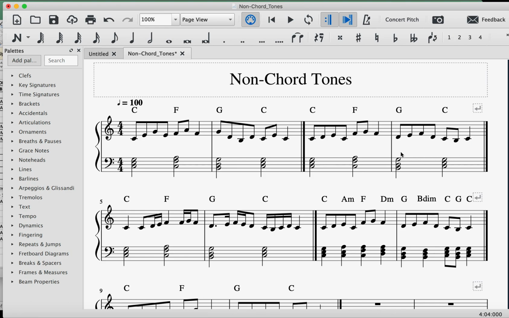So beat 1 is usually considered to be the strongest beat of the whole measure. Beat 3 is considered to be a strong beat as well, but not as strong as beat 1. Then beat 2 is considered a weaker beat. Beat 4 is considered a weaker beat still, even weaker than beat 2.